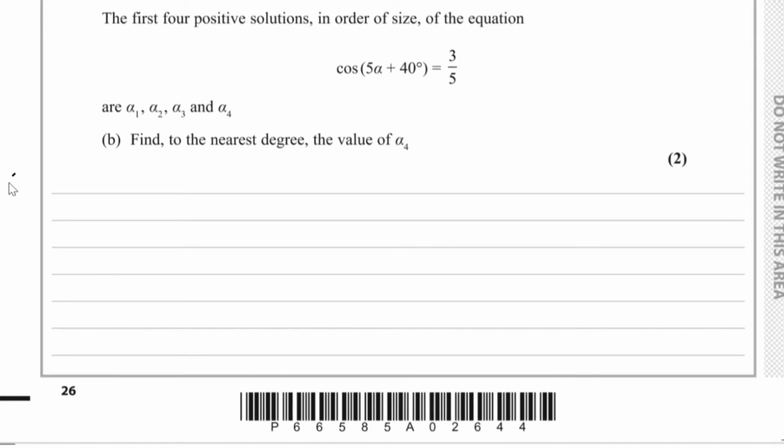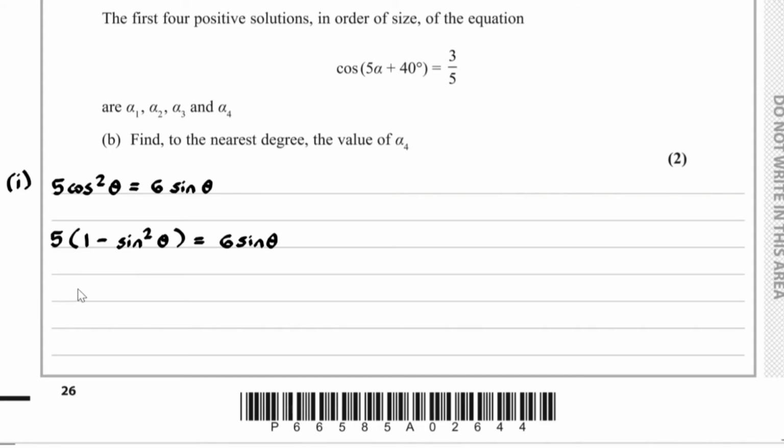We begin with 5 cos squared theta equals 6 sin theta. If we replace cos squared with 1 minus sin squared, we would have 5 lots of 1 minus sin squared theta equals 6 sin theta.